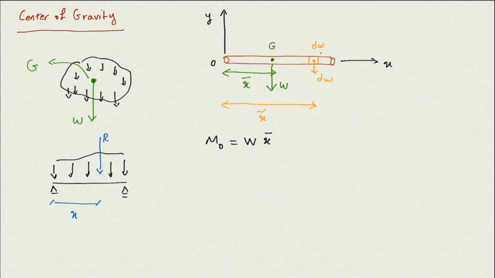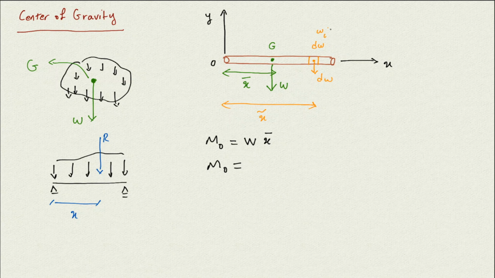Now assume I divide the rod into very small elements, and I want to see how all those small elements create a moment about point O. If this is a small element, I will call it Wi.